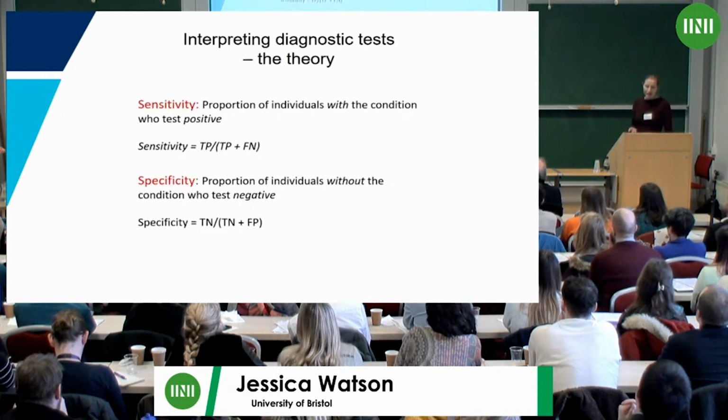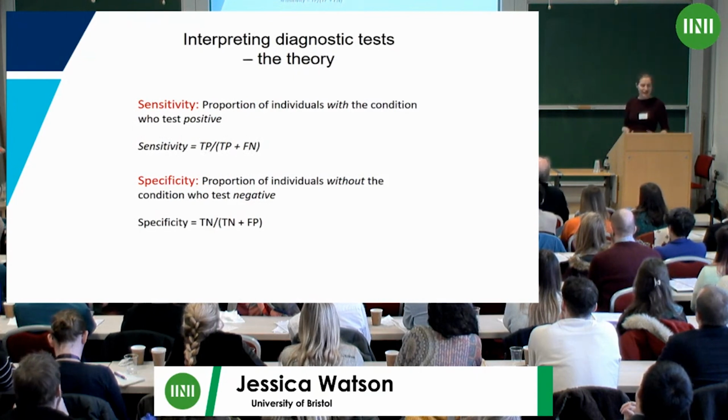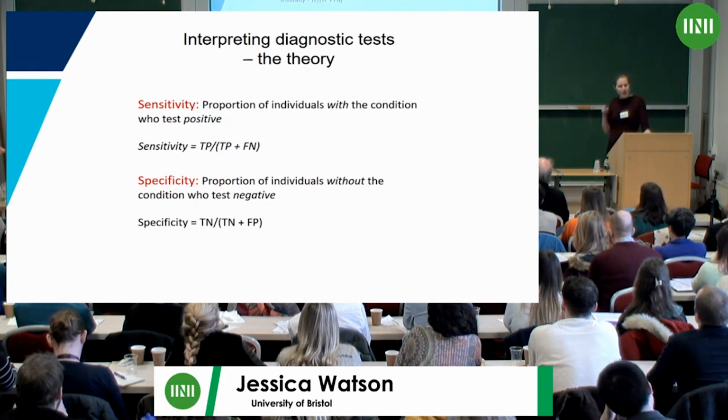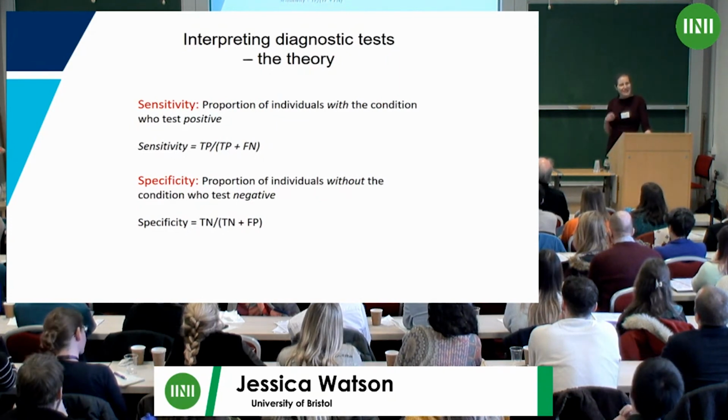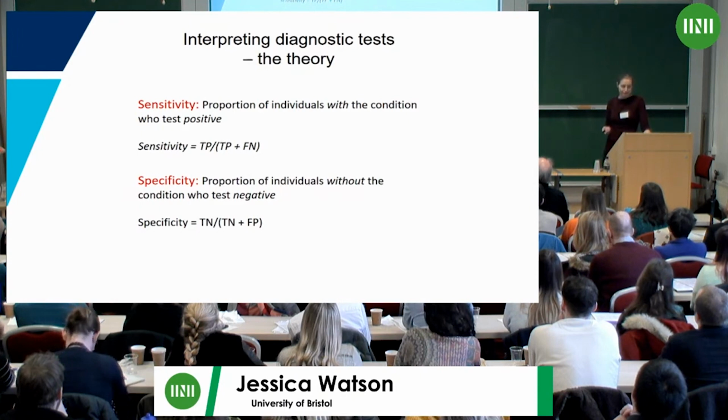In particular, what we calculate, and what we've all heard lots about on the news and in More or Less over the last few years, particularly in relation to COVID tests, is sensitivity and specificity. Sensitivity is commonly misunderstood. It's the proportion of individuals with the condition who test positive.